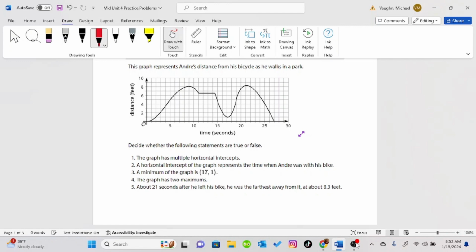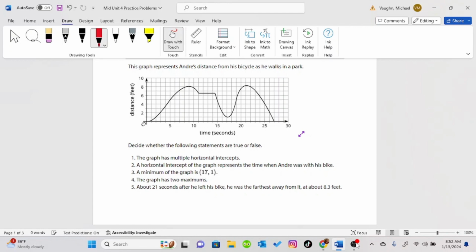So as the graph goes to the right, the time in seconds increases. Distance in feet from his bicycle is the output. So as the graph increases up, the distance from his bike is increasing.